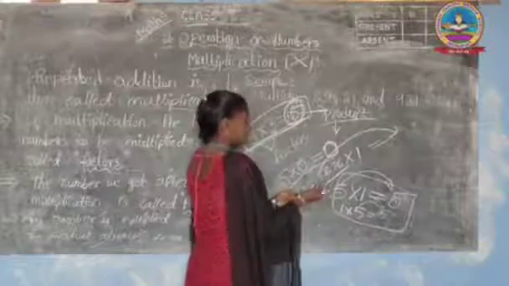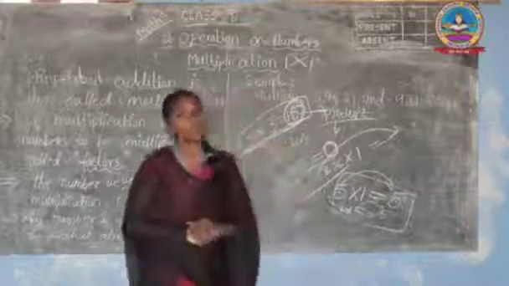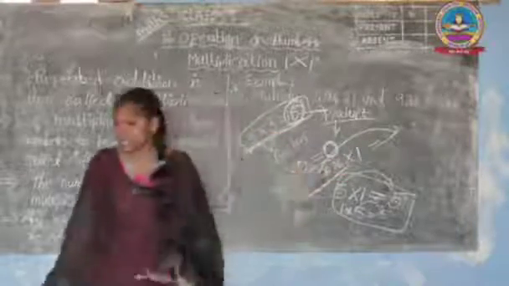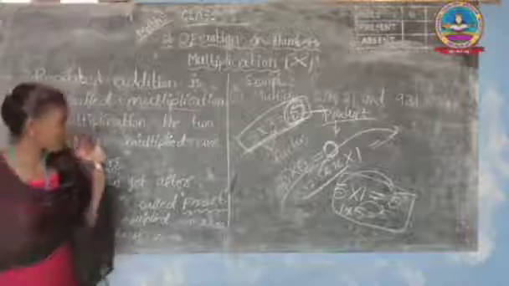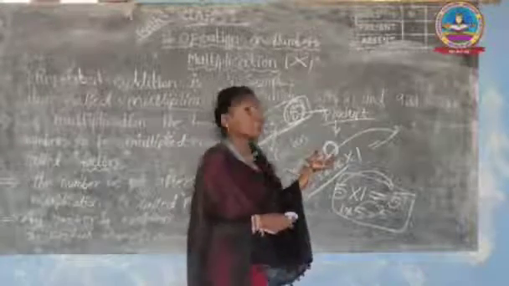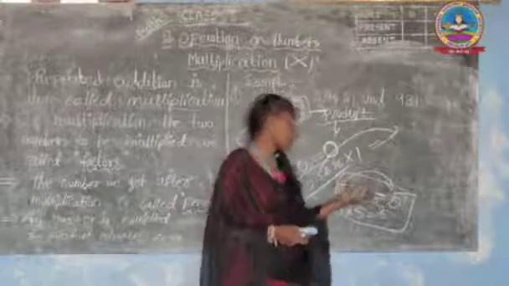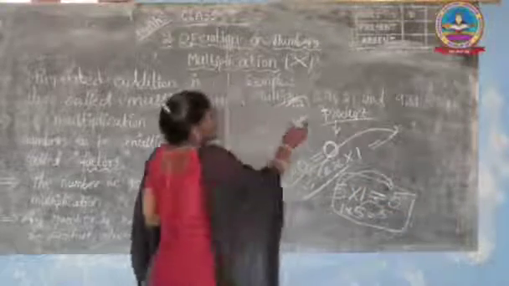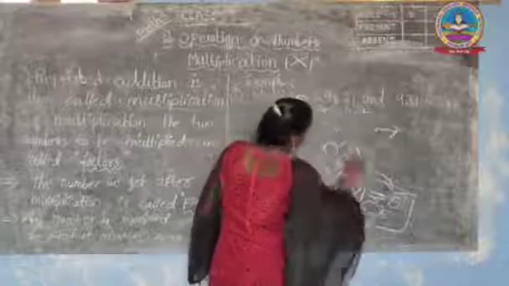So any number multiplied by 0, the product is 0, and any number multiplied by 1, the product is the number itself.